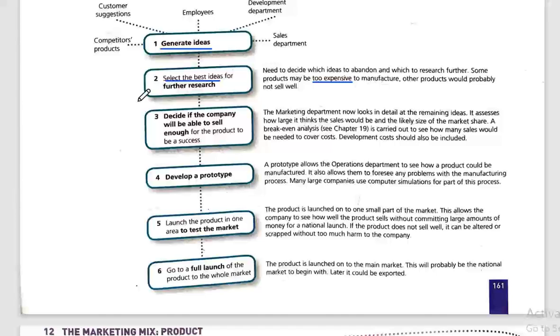Okay, number three, decide if the company will be able to sell enough for the product to be a success, which is the volume of sales. After I decide the best idea, I must decide if as a company I'm able to sell in large numbers. Are they going to like it? Are they going to buy it?